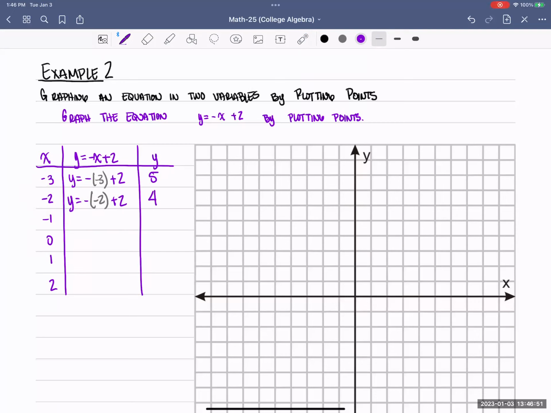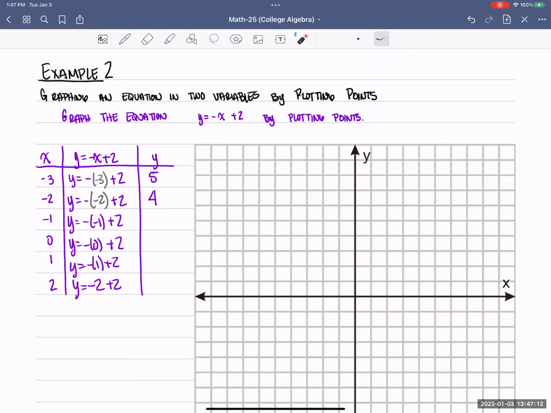And we keep doing that all the way down. Let's see where that ends up.